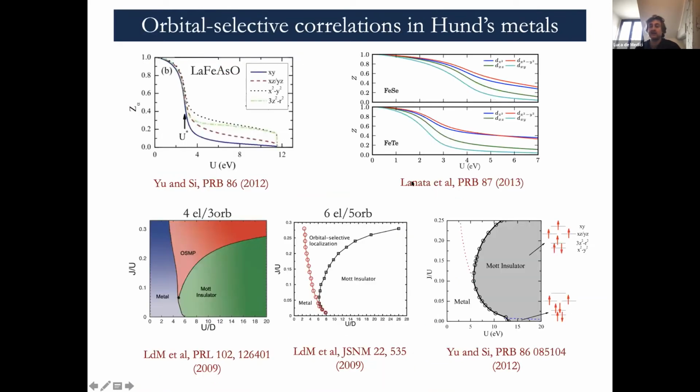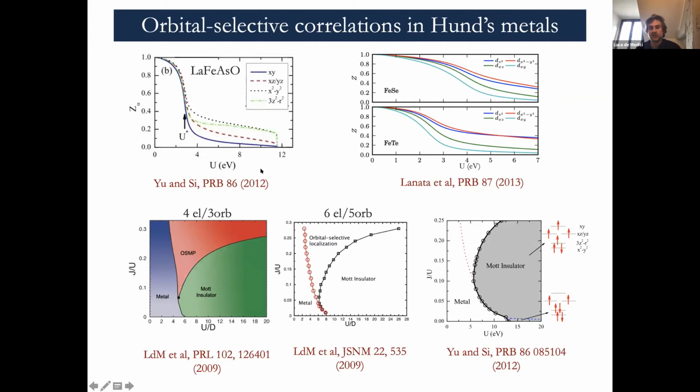So there is then something else that happens in realistic models. When you have bands which are not identical, in these plateaus, in these long zones where you have strong correlations but not yet Mott insulators, correlations typically get orbitally selective.